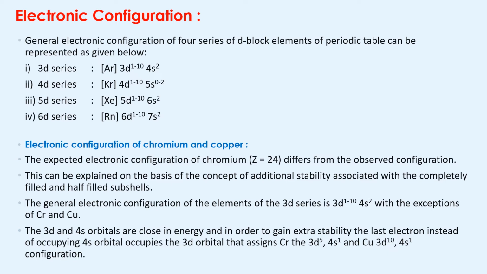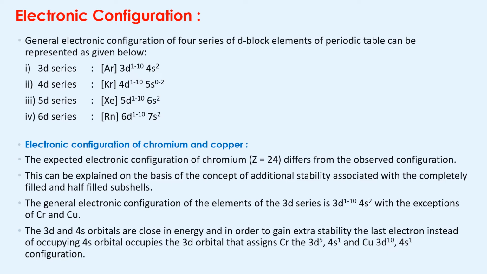That is the expected one. But what happened? The 3d subshell has 4 electrons, so out of the 2 electrons in 4s, one is shifted to the 3d. So that's why the observed electronic configuration for chromium is argon 3d5 4s1.